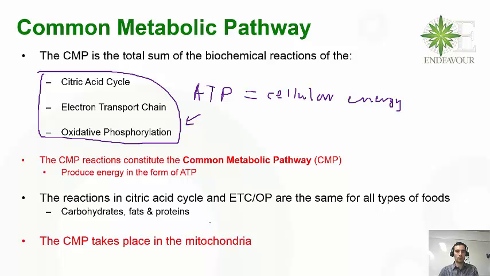This is because each of these macromolecules can be broken down into simpler molecules, and then we can create our acetyl group, which is CH3-C=O, and then we can connect that to our CoA, which feeds into the citric acid cycle. And in the common metabolic pathway, all of these reactions take place in the mitochondria.